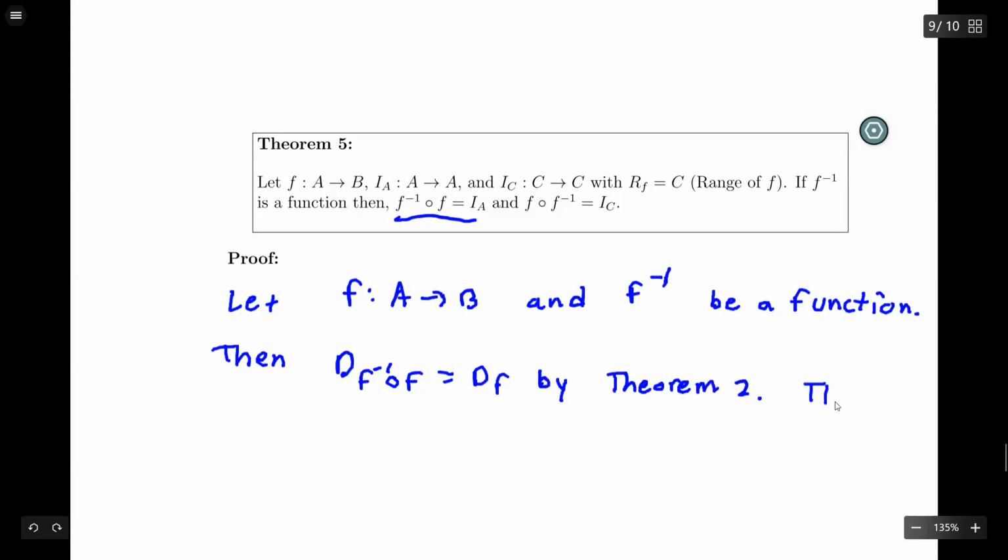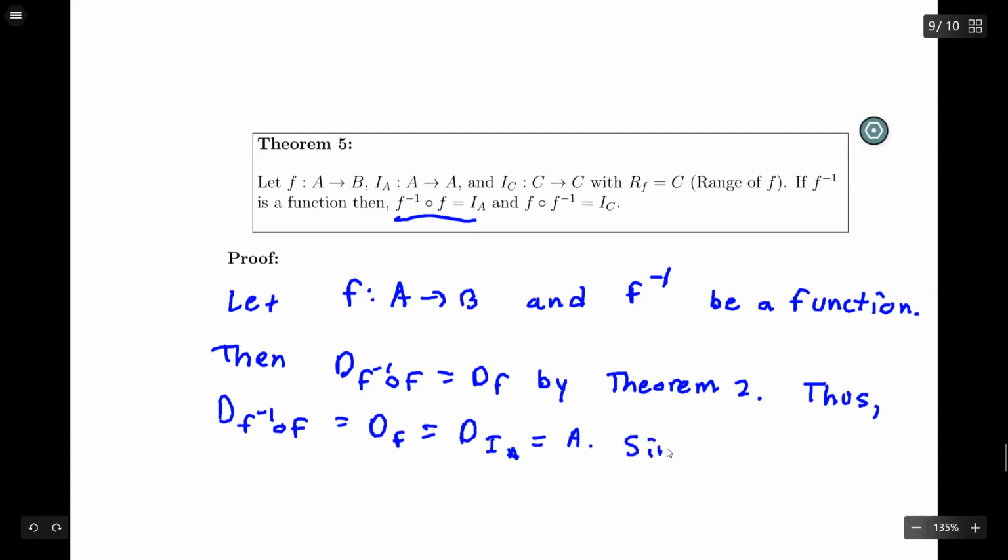Thus, the domain of the inverse of f compose f equals the domain of f, which is equal to the domain of I sub A, which is equal to A.